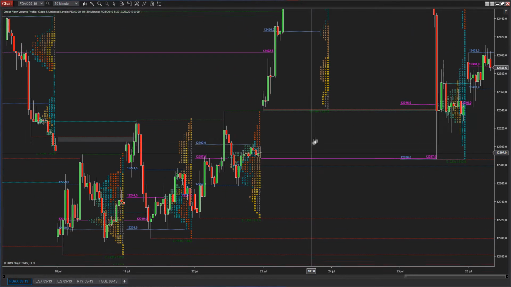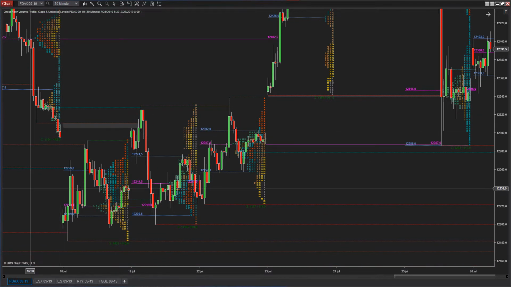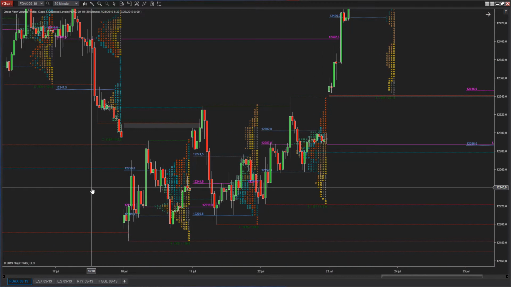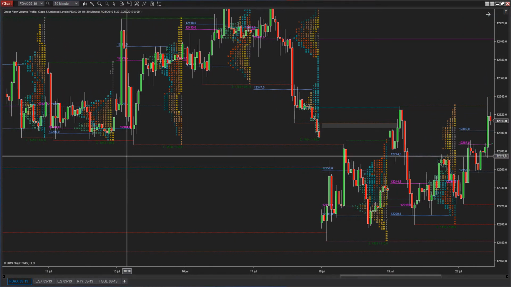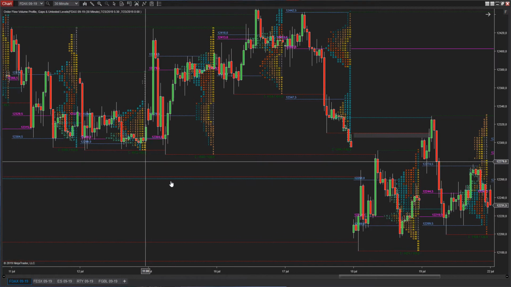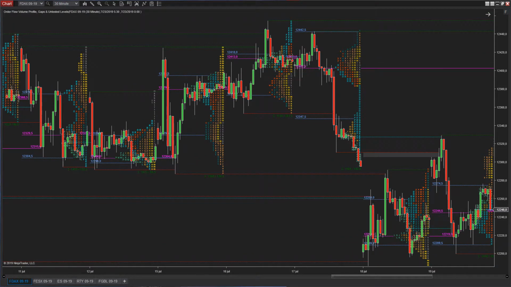Now let's see if we can find a poor low. I scouted one out right here. So what I'm looking at is this area here. You see three letters next to each other.